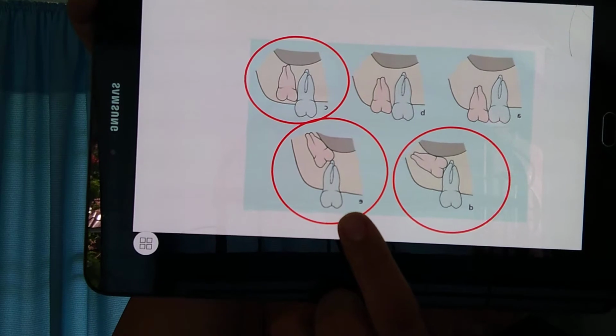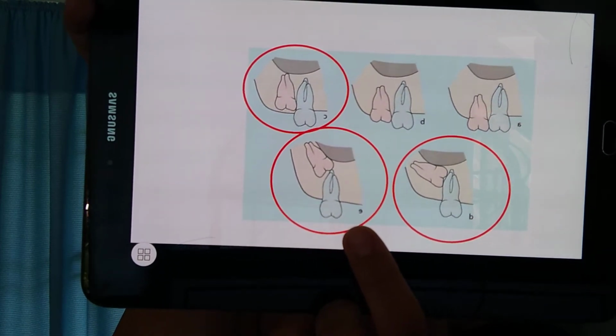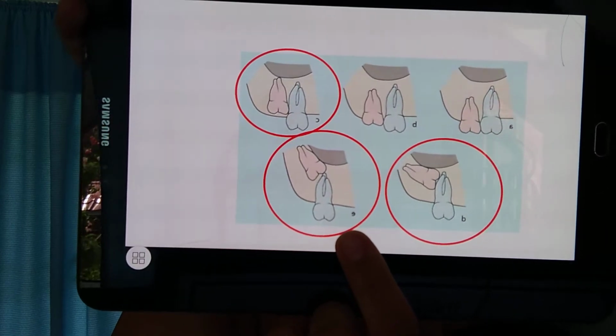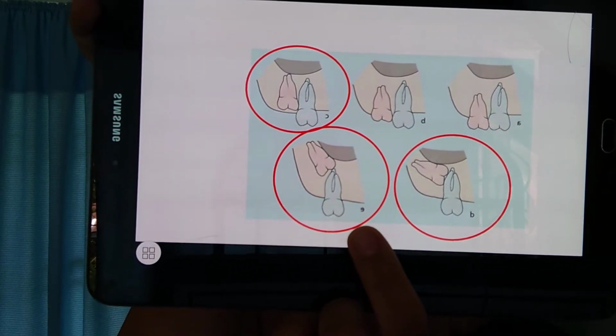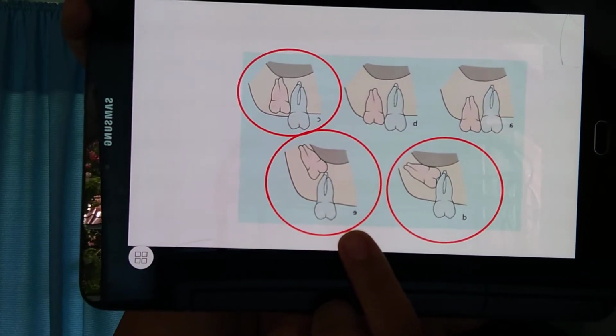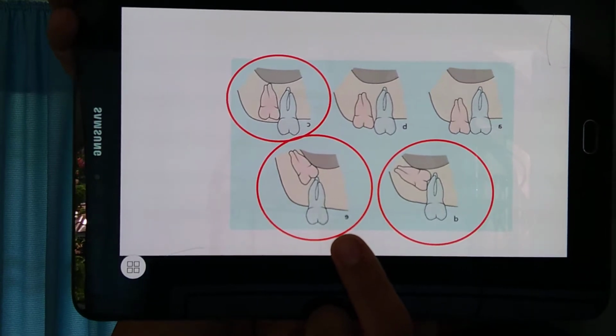Impacted teeth belonging to the third category are very difficult cases because their extraction entails the removal of a large amount of bone, limited access, and the risk of displacing the impacted tooth into the maxillary sinus.